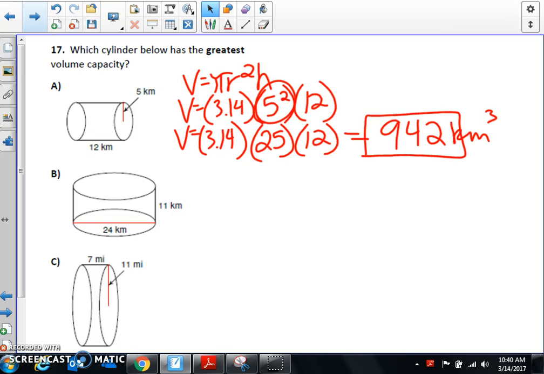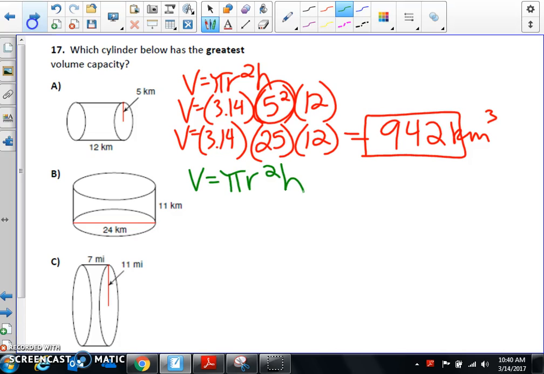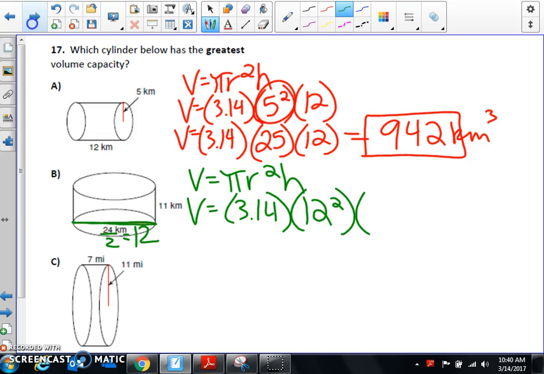Okay, let's do B. Volume equals pi r squared h. Turn pi to 3.14. I look over here. This time they gave us the diameter. So to turn that into the radius, we cut it in half. 24 divided by 2 is 12. So that's our radius that we're going to plug in. So 12 squared, and then my height is 11.